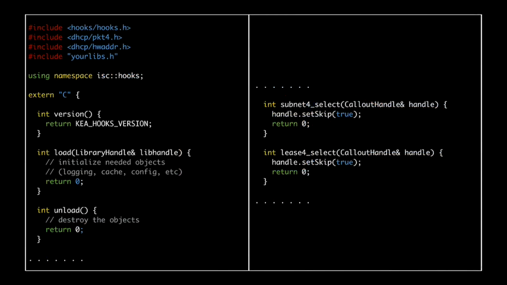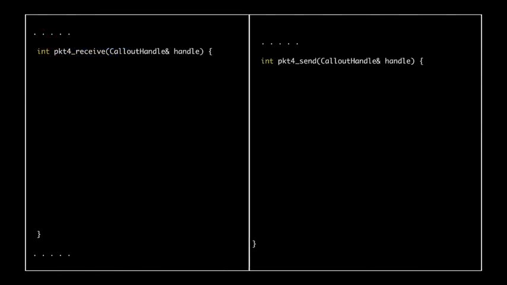Some code, yay. This is a very basic example of our API, really simplified. You need to define all of these functions. Like in the load function, you just allocate whatever objects you're going to need for the duration of your daemon, and you unload them in the unload function. Then this is basically the core, right?